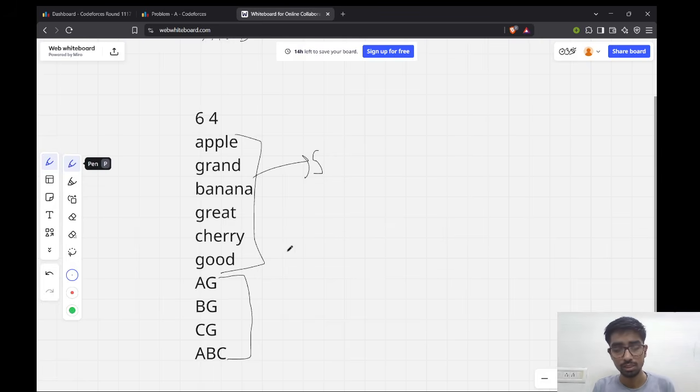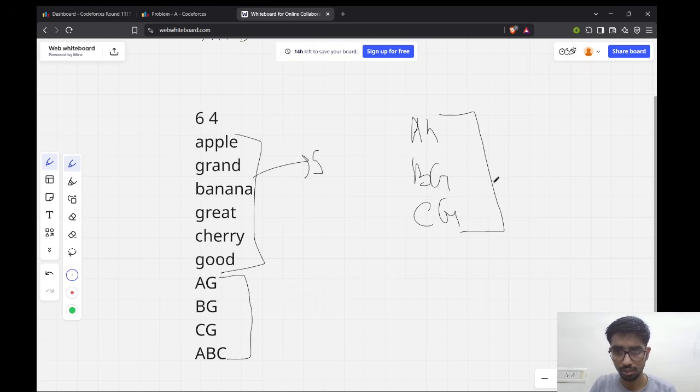What it means is that, as the abbreviations are AG, BG, and CG, right? These abbreviations could be used as subsequent words. We treat these abbreviations as words.